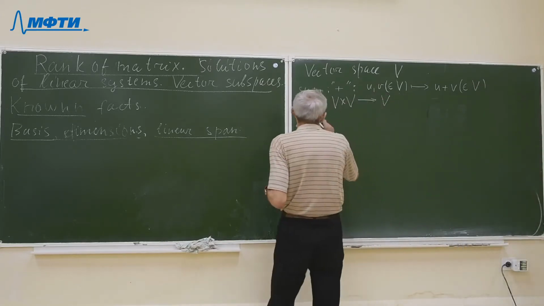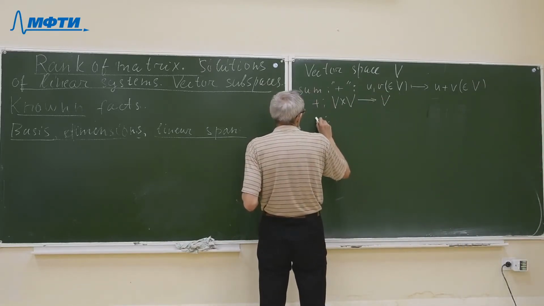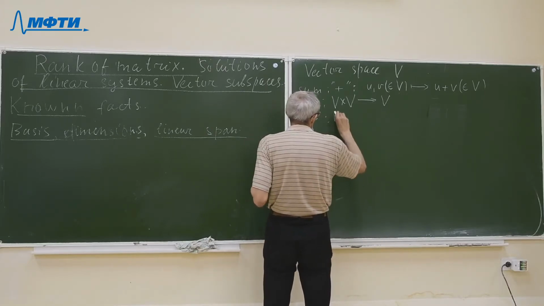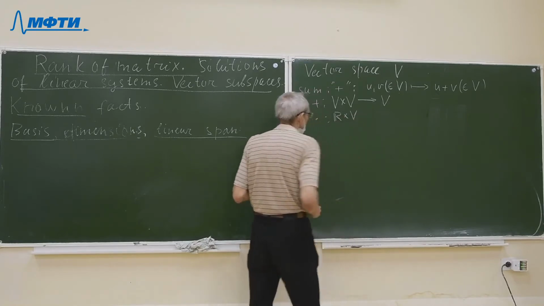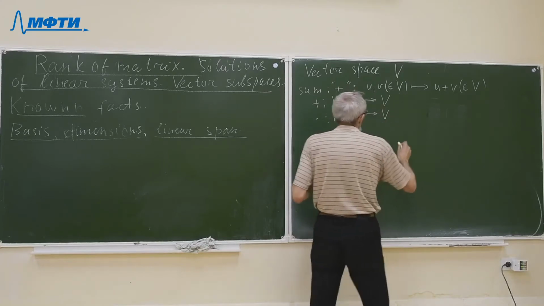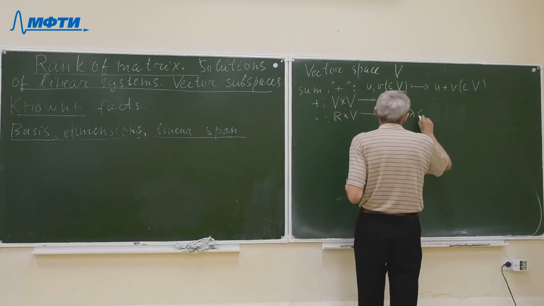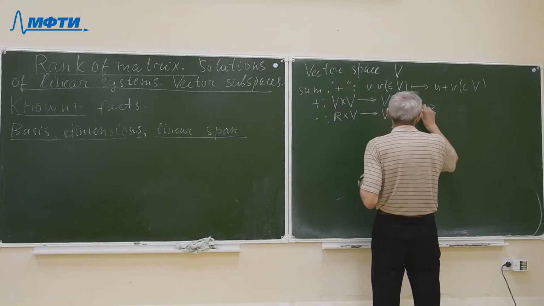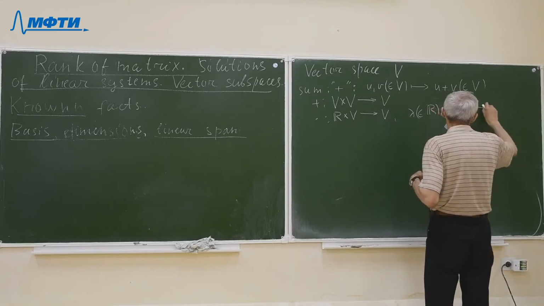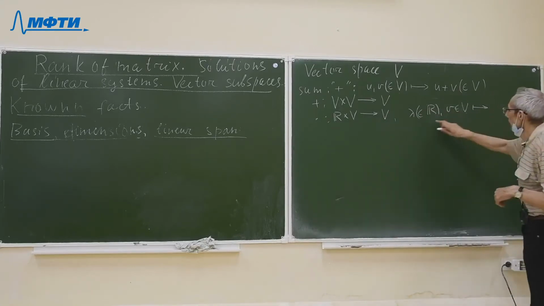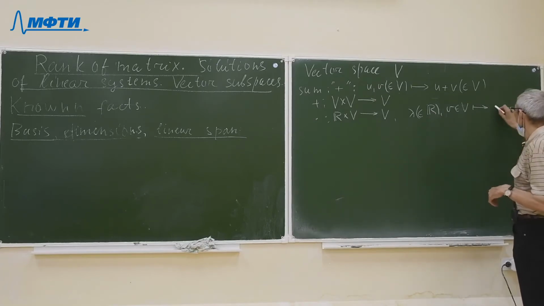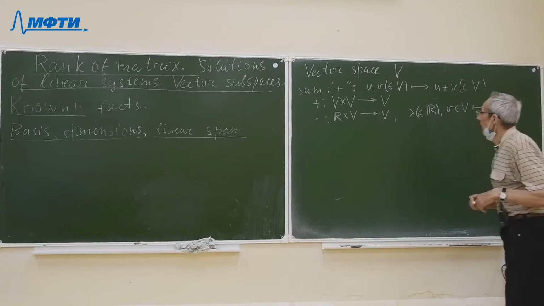And the second operation, scalar multiplication. If we have some real number lambda and some vector v, we have a mapping which corresponds to lambda and v a vector in the set of vectors.